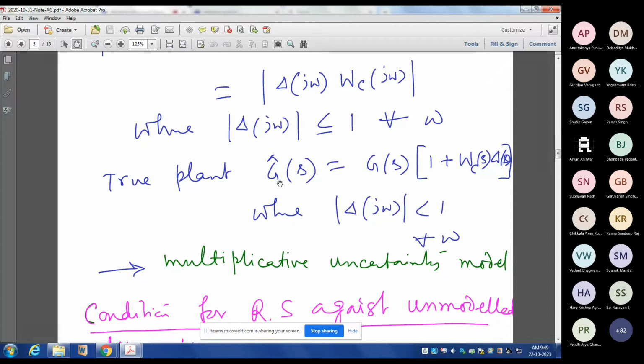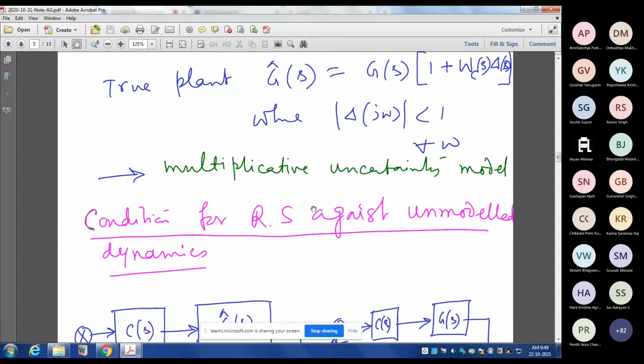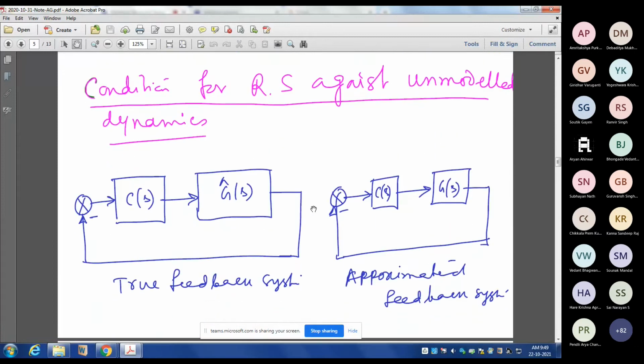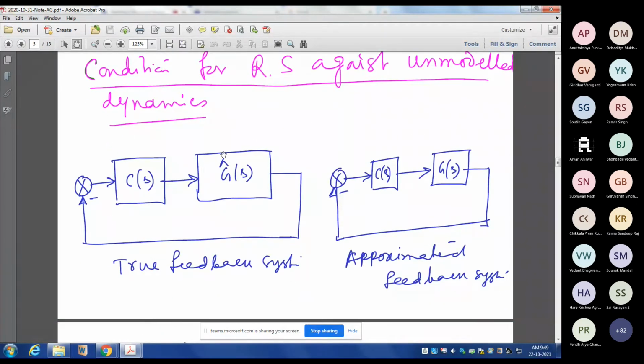So how to proceed? As I was saying, this is your true plant, true feedback, because C(s) is your controller, and I have employed that controller for the true plant, but I have designed C(s) only for G(s).